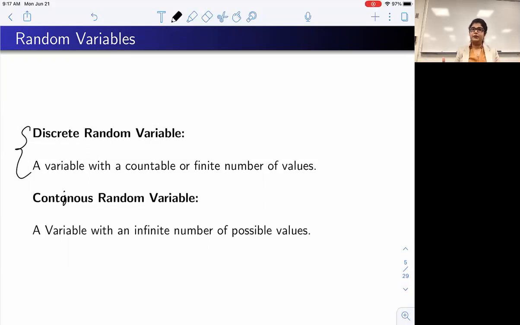But if I'm finding, let's say, the height of each person, is it possible to find a person between 7 feet 5 inches and 7 feet 6 inches? Can we find a person in between these scales?